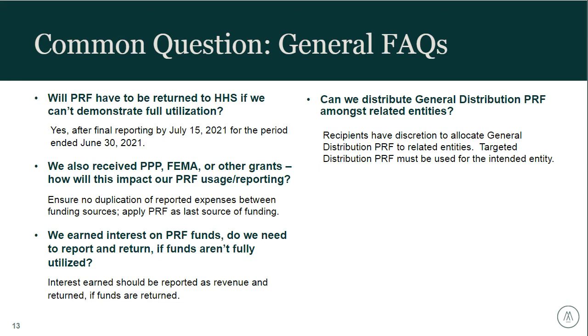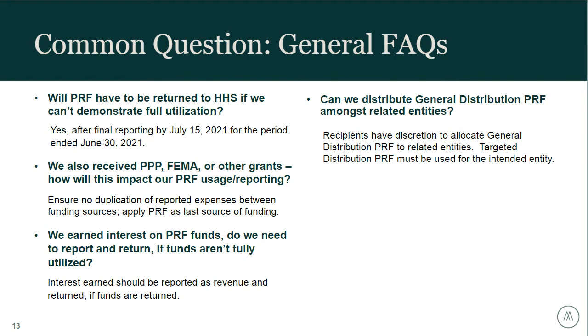A big question a lot of folks have had is about returning the funds to HHS. If we get to the end of December 31st and, when we do that first reporting, we were not able to demonstrate full utilization, we are okay, because, as Georgia mentioned, we have that additional 6-month window.